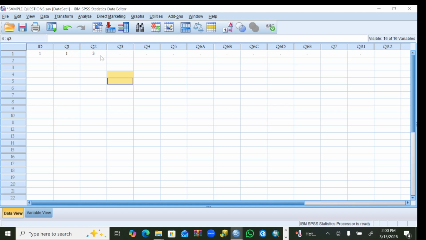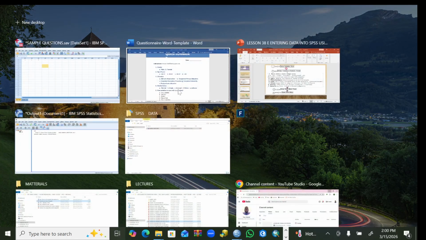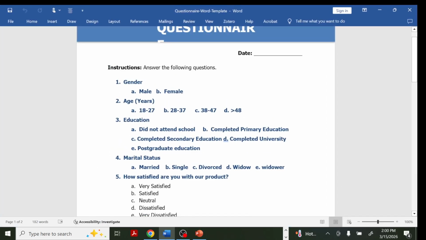And then question number 3, which is about education level. The education level here: 1 did not attend school, 2 completed primary school, 3 completed secondary education, 4 completed university, and 5 postgraduate. So let us give him number 3.